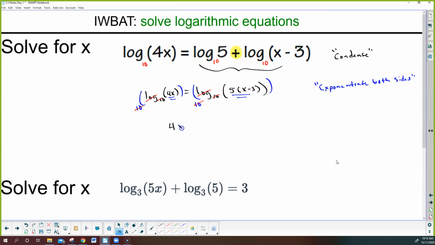So now what's left over is just 4x, and since I'm going to have to do this anyways, I'm going to distribute at the same time. And now it's just algebra. Real quick algebra. I don't care how you solve it. Subtract 5x over to one side, and then divide by -1, and x equals 15.